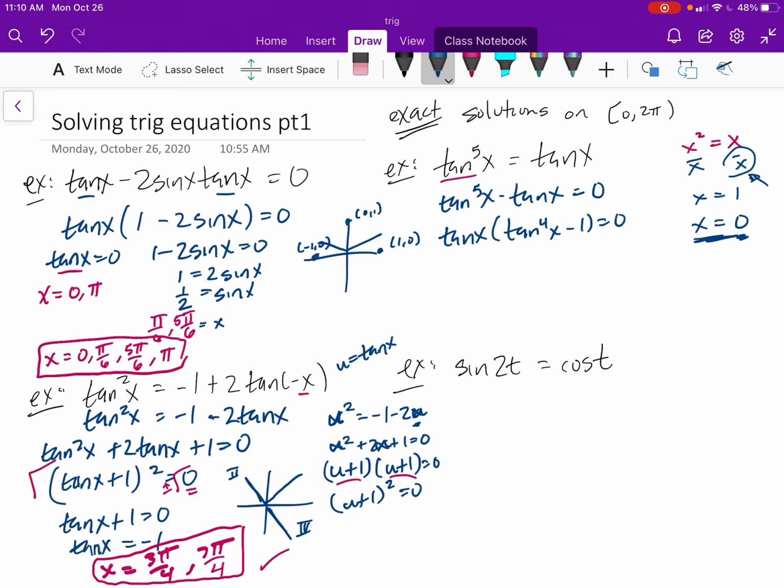So now in this factor here, tangent to the 4th equals 1, that is what would have happened. That's the 4 solutions we could possibly get if I had immediately divided the tangent out. But notice this one here, we also need to count where tangent is 0.